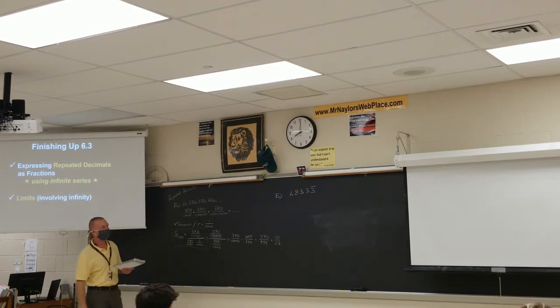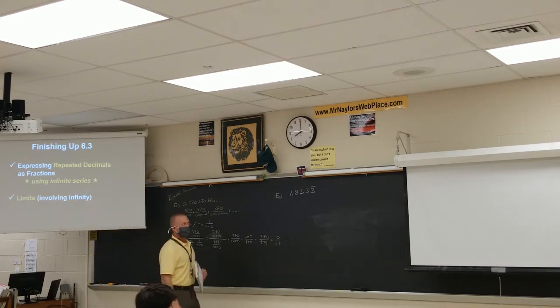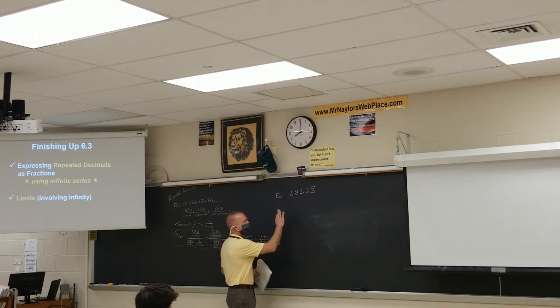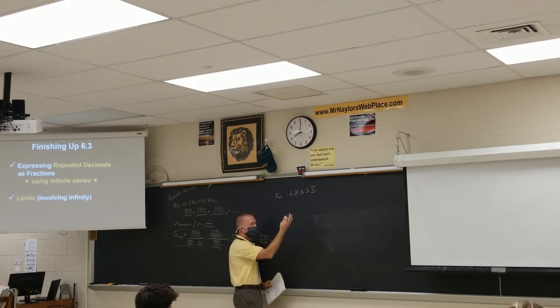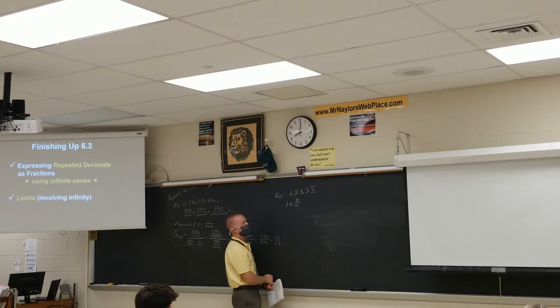I threw a little curveball at you here. The whole thing is not repeating, because I want you to see that any number, especially a decimal, can be written as a sum. Here I could say that 1.83 repeating is the same as 1 plus 8/10. That'll give me my first decimal.